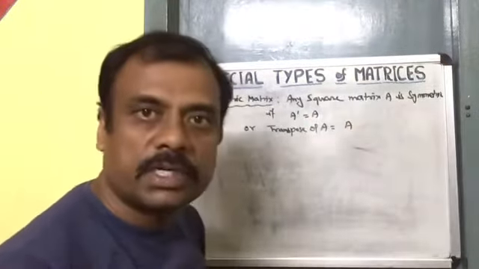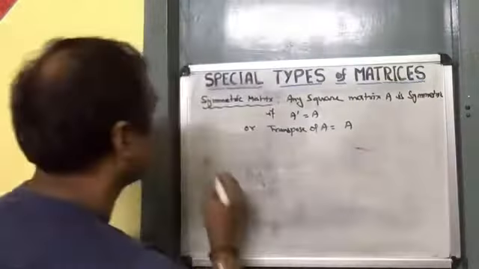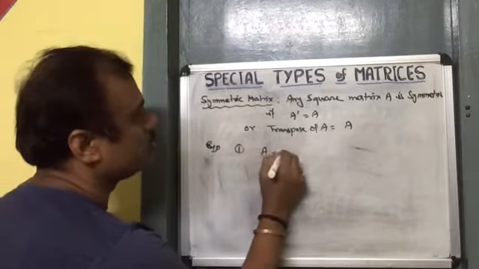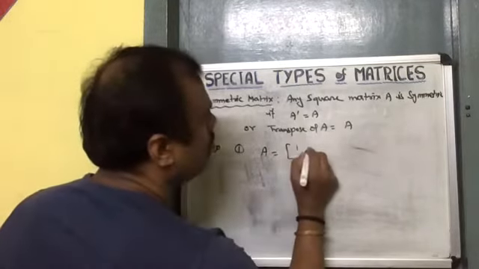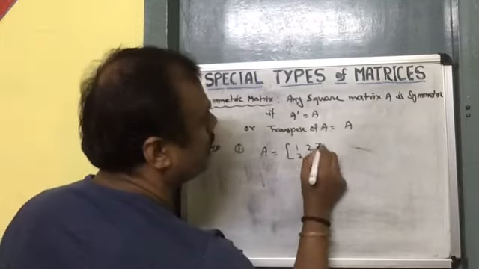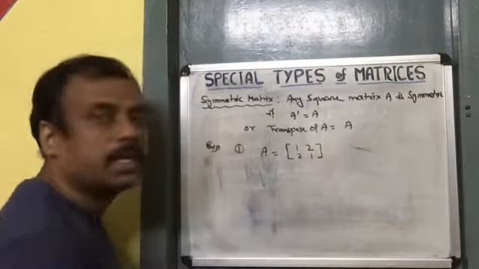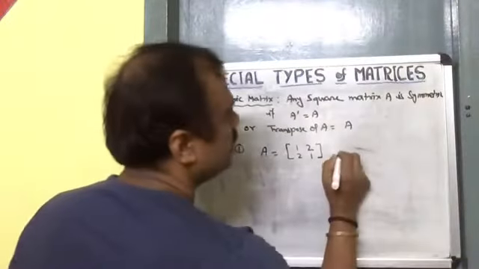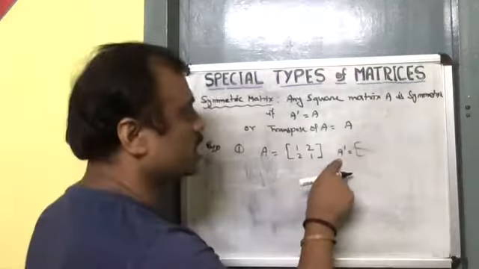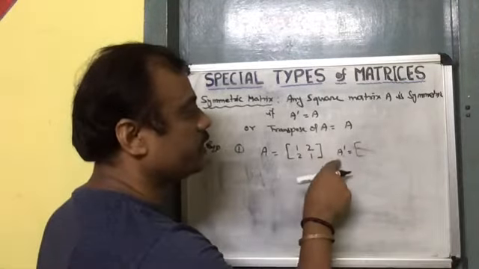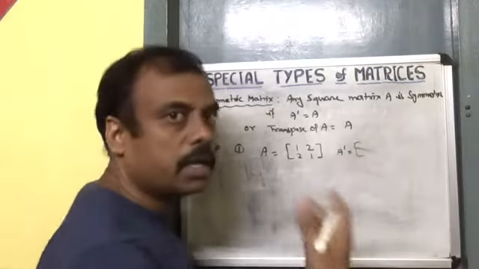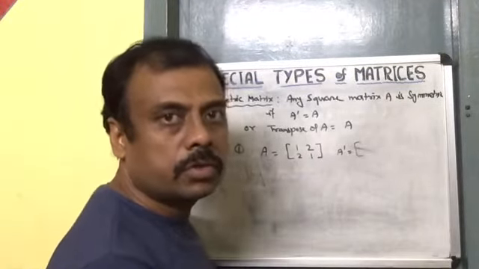Let us try to understand with the help of an example. Example: let A equal to 1, 2, 2, 1. Here you can see its A dash, meaning the transpose of this matrix, in which we change the rows into columns, or in a different way, columns into rows.